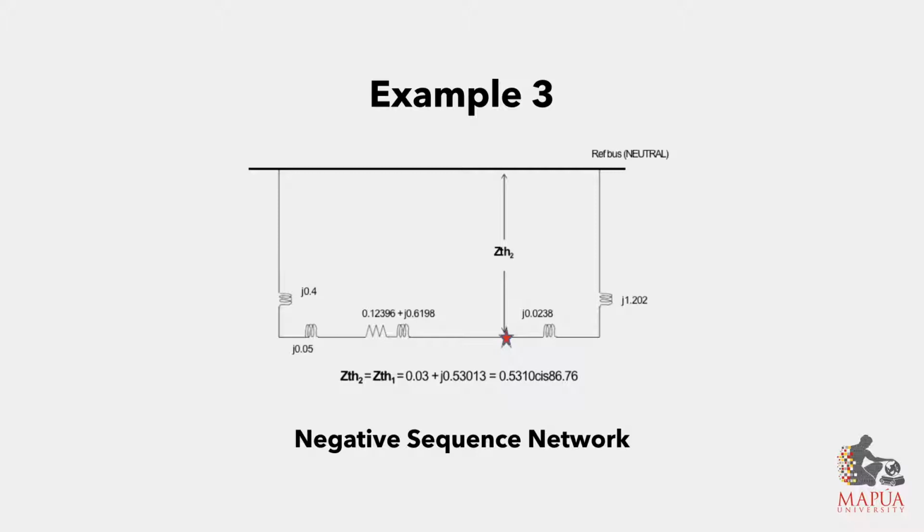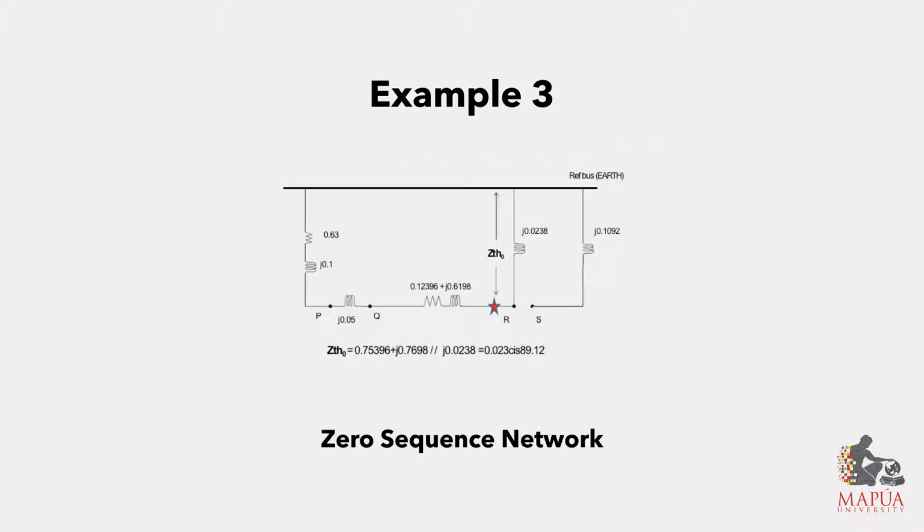Notice that there will be no sources in the negative sequence network. For the zero sequence network, we need to consider how the transformers are connected based on the single line diagram as shown before. From here, we can determine the Thevenin equivalent impedance for the zero sequence network measured between the fault point and the reference bus.